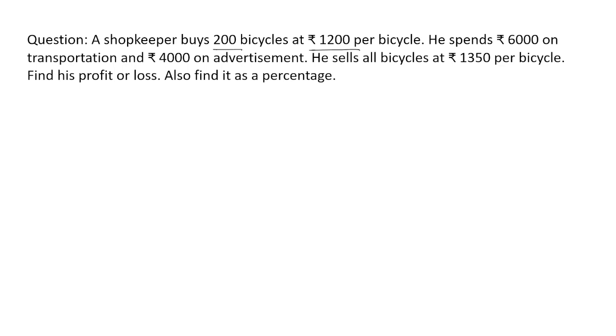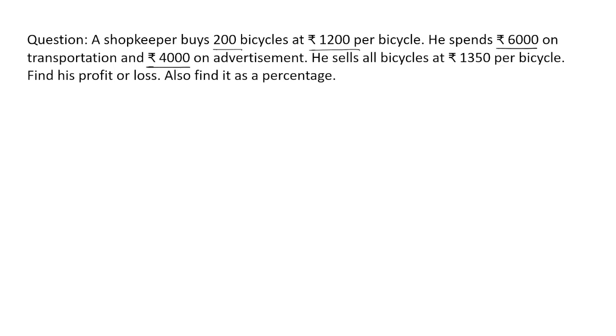He spends 6000 on transportation because he has to spend some extra amount to bring those bicycles to his shop, and 4000 on advertisement. These extra costs are called overheads.